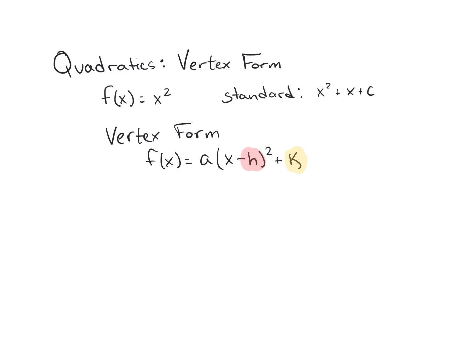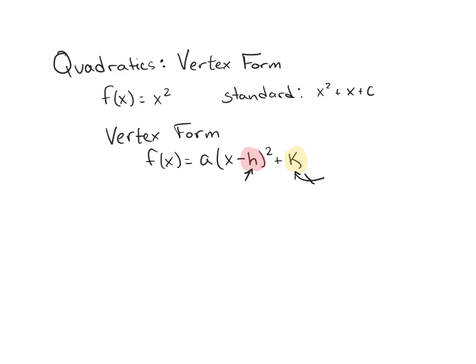Now, the way vertex form works is it uses that horizontal movement, this h term here, and it uses this k term here, this up and down movement, the vertical movement, to give us our vertex. Because if you recall, when we were transforming parent functions, we were physically moving our parent function around the coordinate plane. We were moving that vertex. This is just another way to write that.